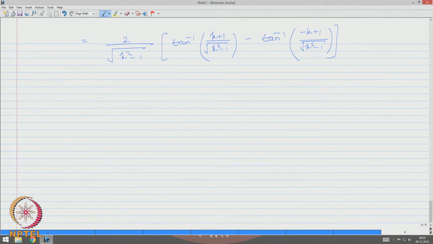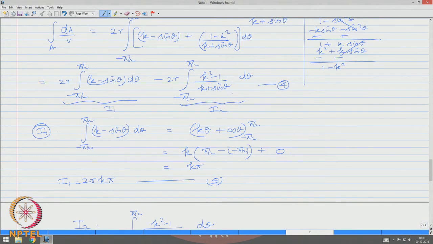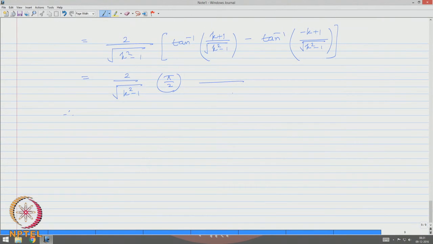After substituting the limits, this simplifies to 2 by root of k square minus 1 times pi by 2. Therefore, I call this equation number 6.